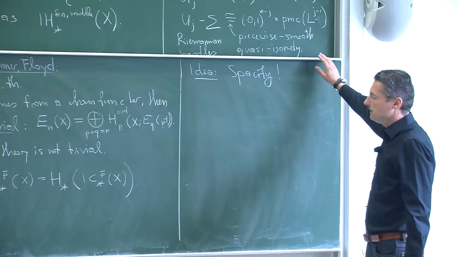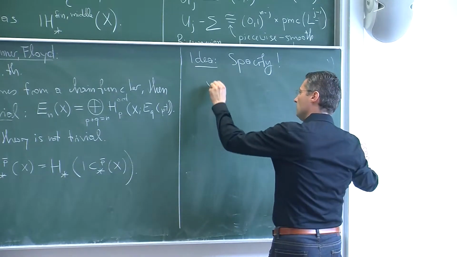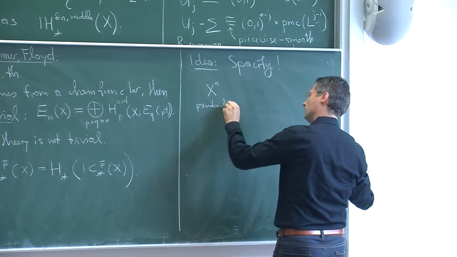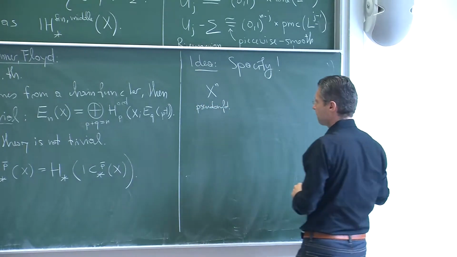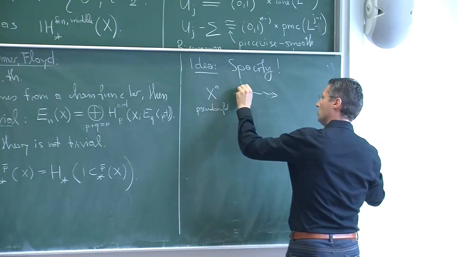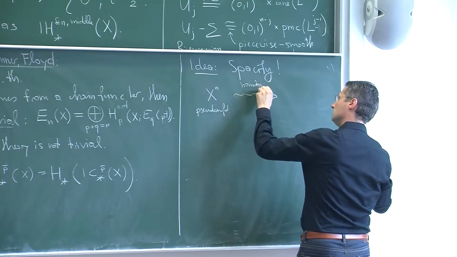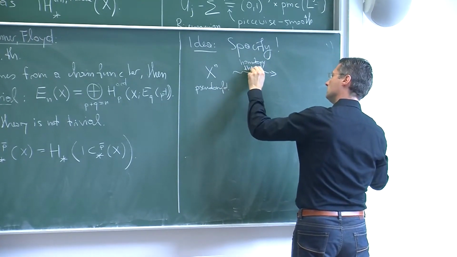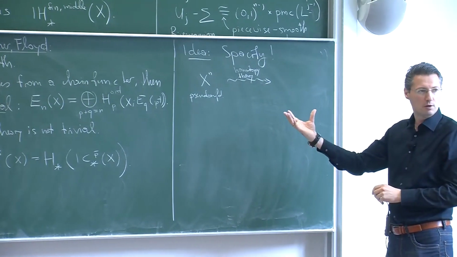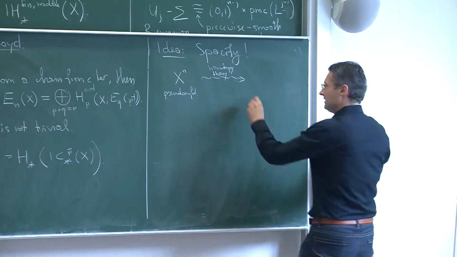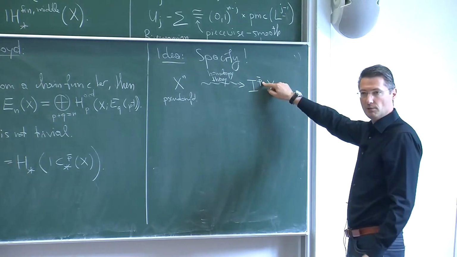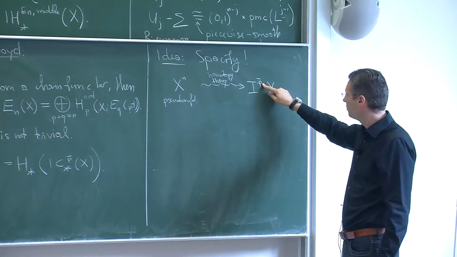More precisely, if you have a pseudomanifold X, you try to associate to it by some homotopy theoretic process not a chain complex, but something much more powerful, a space, which I'll write as I^P X, where P is again a perversity function, as in intersection homology.